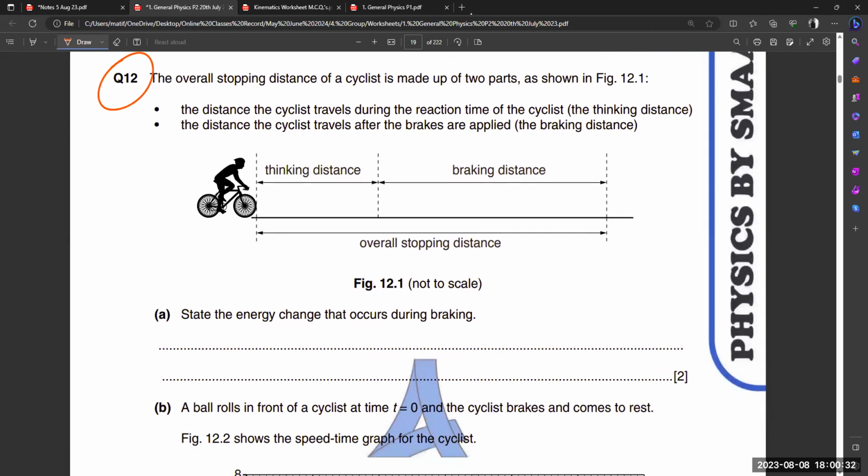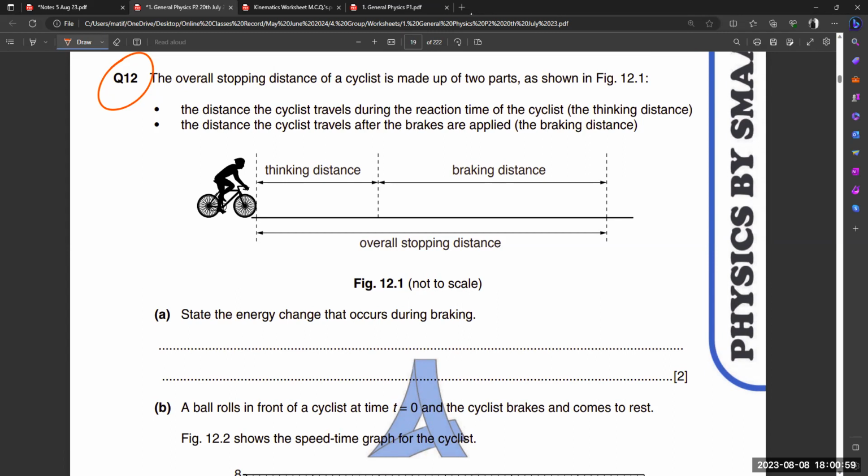Those two parts are mentioned in written form, and they are also clearly shown in your diagram, right? In the first part, which is very simple: state the energy change that occurs during braking. So what type of energy change takes place there?